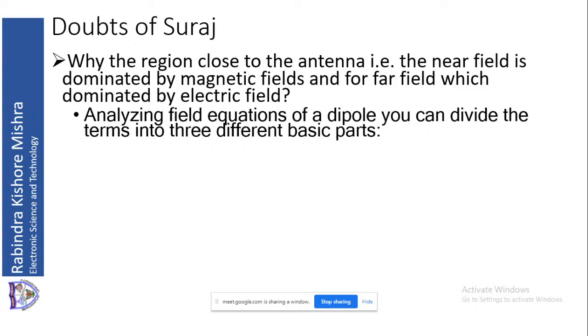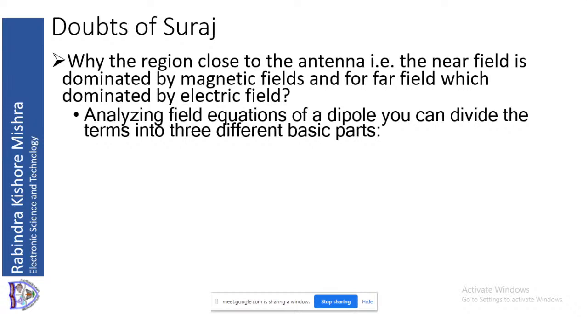It does not give us the actual radiated field, the field which contains the energy. E_r gives the direction of movement and the amount of energy in that direction, which you find from the Poynting vector. So we are not interested in E_r.